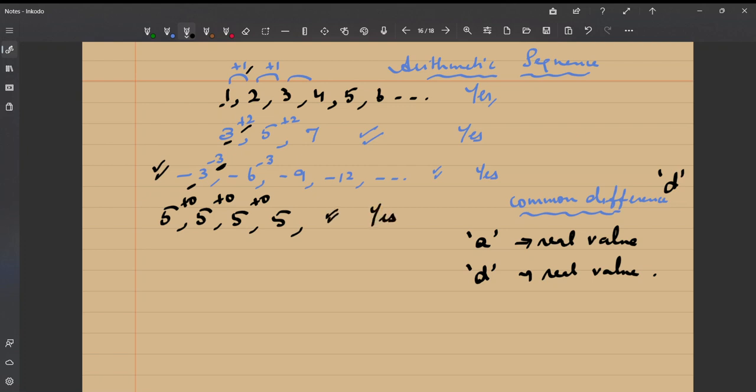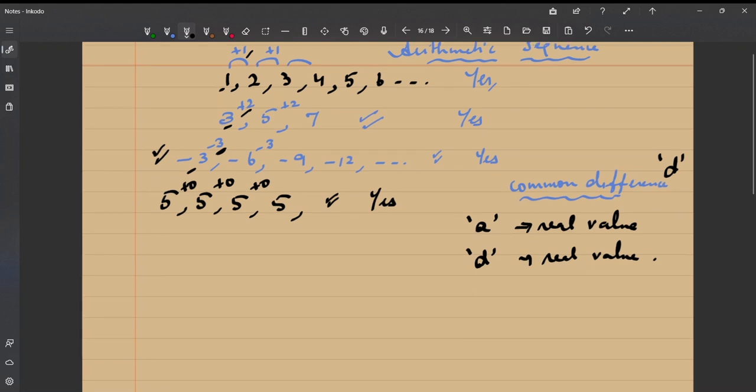Now having seen all this, let us try to generalize the whole thing. Now let me write a sequence generalizing everything. A1, the first term, A2, the second term, A3, the third term of the arithmetic progression, A4 and so on, right?